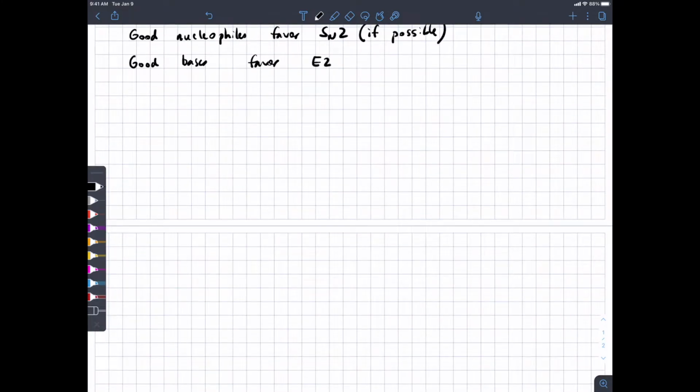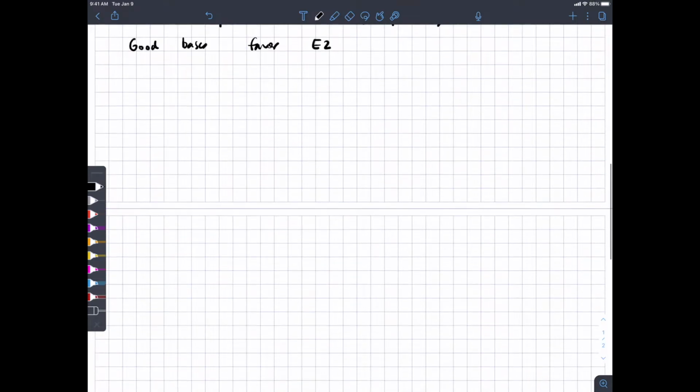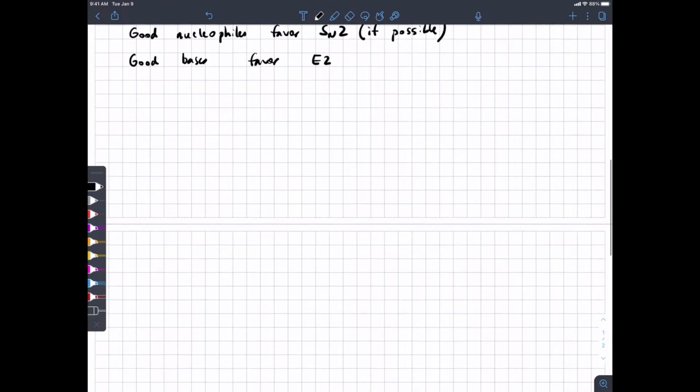So I'm going to list some potential nucleophiles, and you're going to see that these are all conjugate bases of various acids. I'm going to list them in order of the pKa of the conjugate acid, and hopefully I'm going to show you where the dividing line is between nucleophiles and bases.